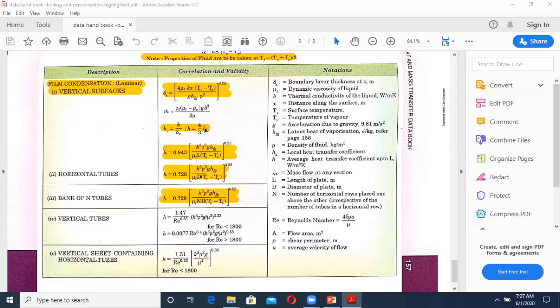If you want the average heat transfer coefficient directly, you can also use this expression. All these conditions are for this particular problem, vertical surface. In the next problem, when we go for a horizontal tube, you need to use this equation, and if you go for a bank of tubes, you need to use this expression.